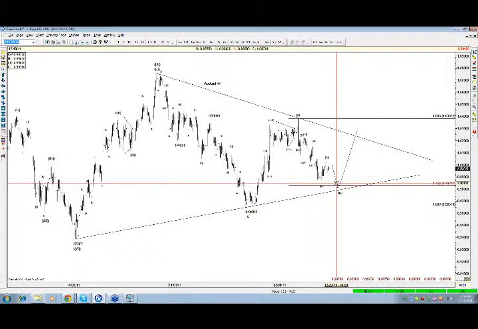But those cycles, they have deviations, so they do not need to be exact on the day. It's giving you an approximate time, like a red flag that says be careful, be careful that the cycle is coming to an end.